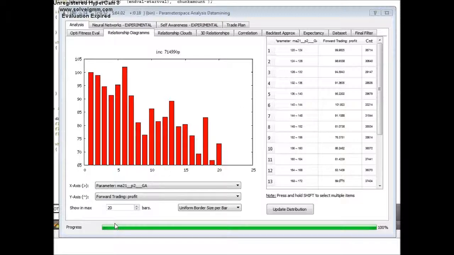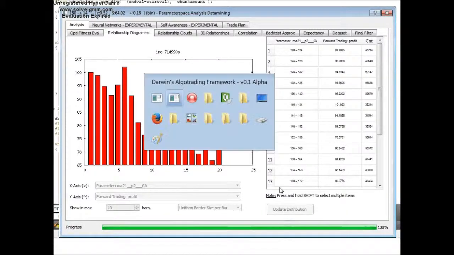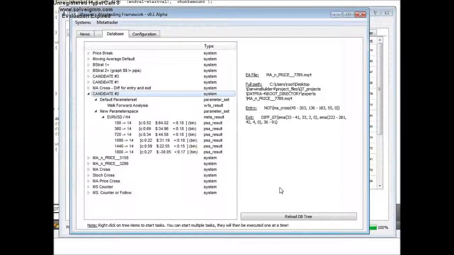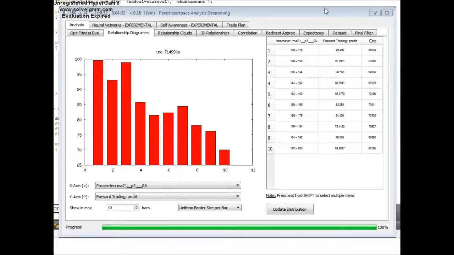Okay, what we can see here, let's zoom out a bit, but the trend is already quite clear for the second moving average. We want to use smaller values. You can see here, for example, well, we would use one between 120 and 170 or something like this.